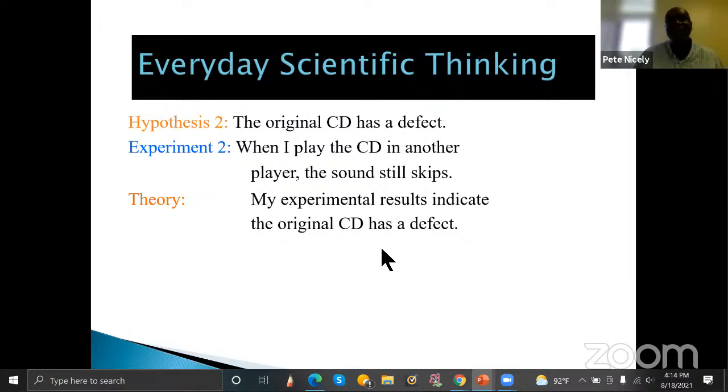So this is just illustrating how the scientific method works, even though this is a non-chemistry example, but it's the same underlying process, all right? So I hope that helps in terms of showing you how the scientific method works.